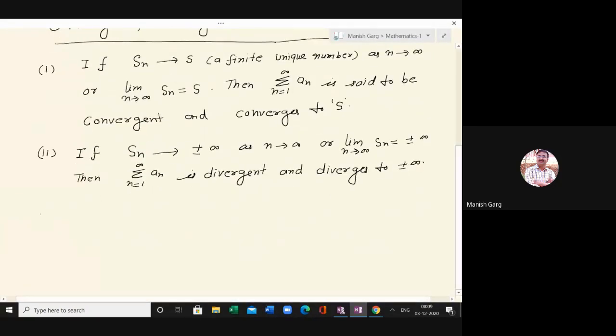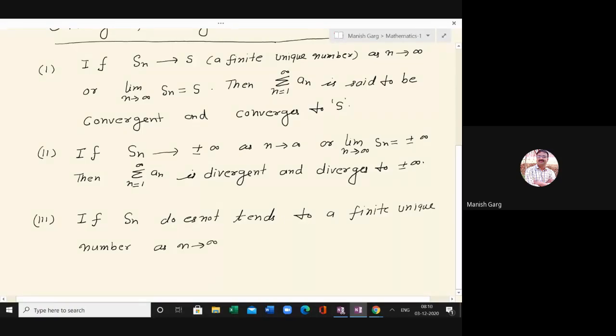Third point, if this Sn does not converge, does not tend to a finite unique number as n tends to infinity.